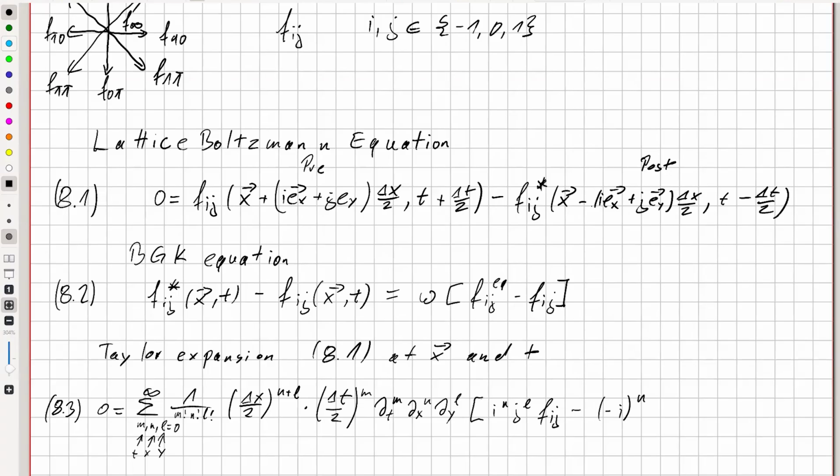You see this goes positive and negative depending on whether n is odd or even. The same thing for minus j to the power of l. And then we also have this term that comes with no i, but still has a minus in front of it, so we have minus 1 to the power of m. m is the counter for the time, and this goes into f_ij after collision.